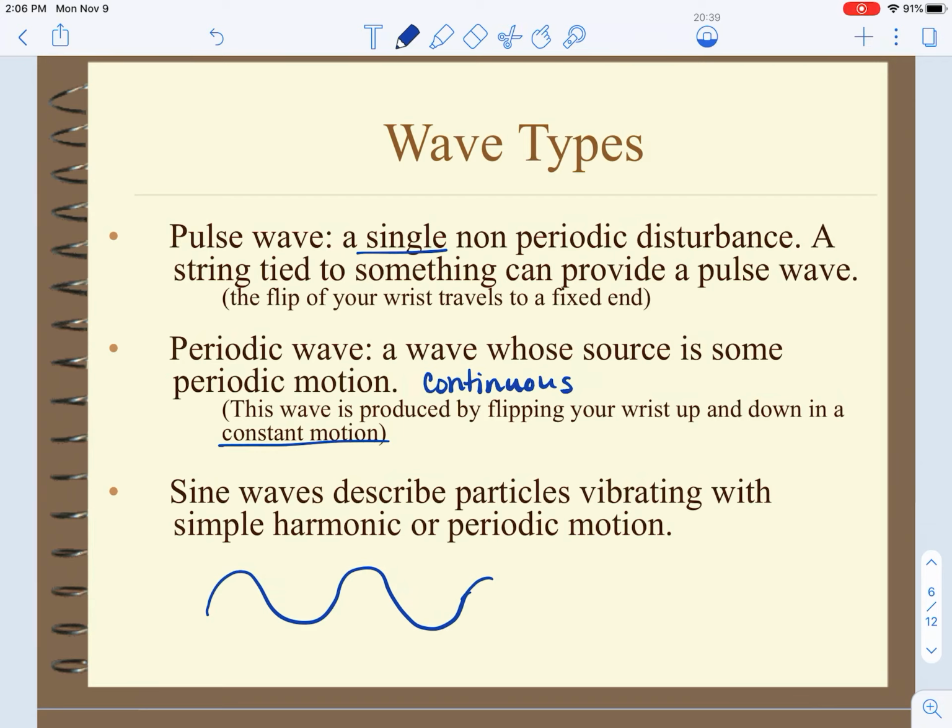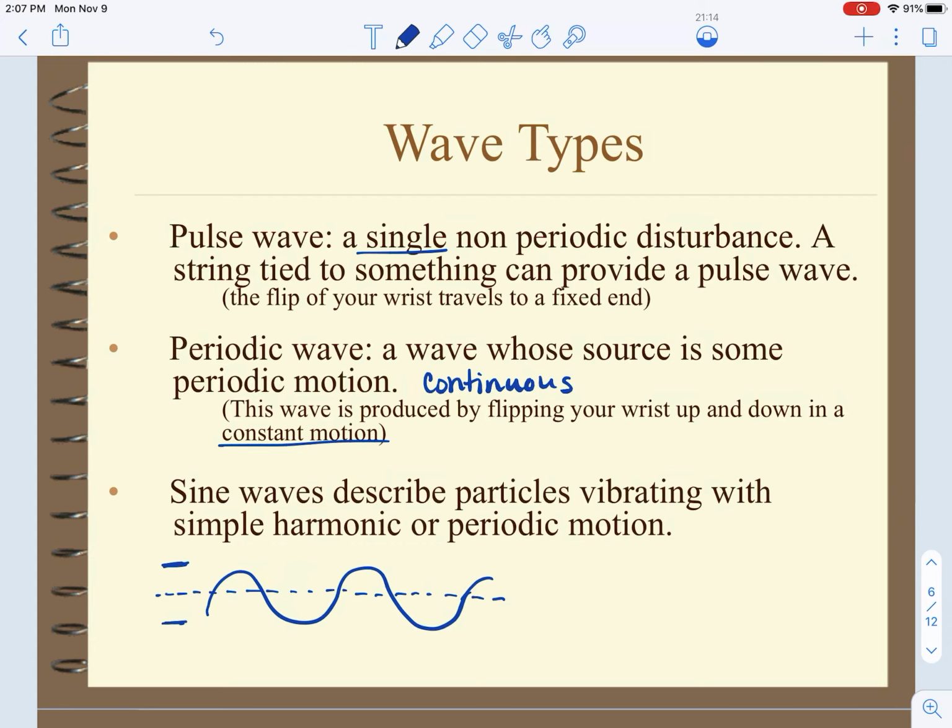If we were evaluating the value on our y-axis, we would find that it alternates between some positive y value and some negative y value. And what we should find, my drawing is a little off here, is that the oscillation or the y value difference from equilibrium to the highest point and equilibrium to the lowest point would be the same.